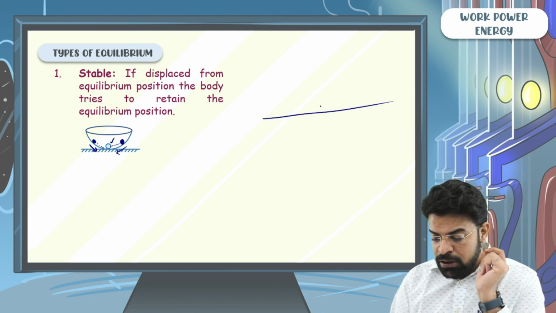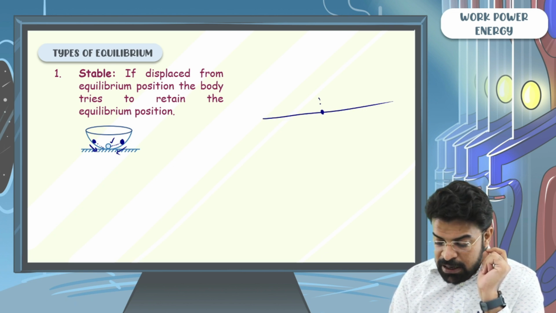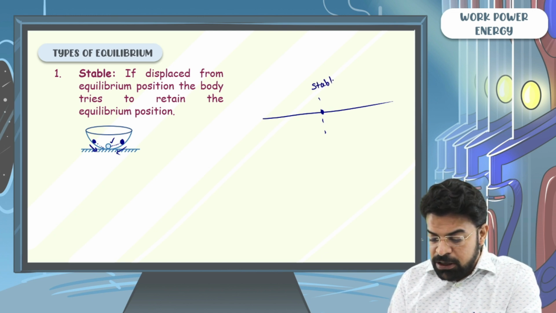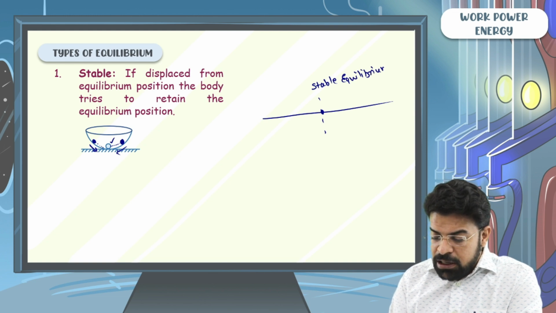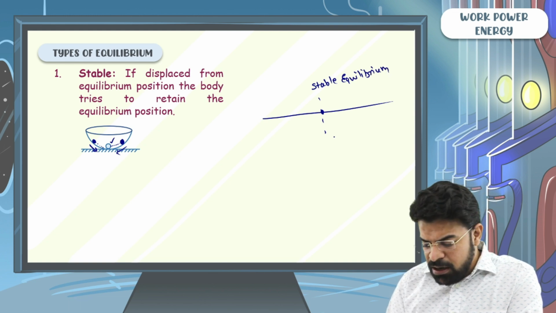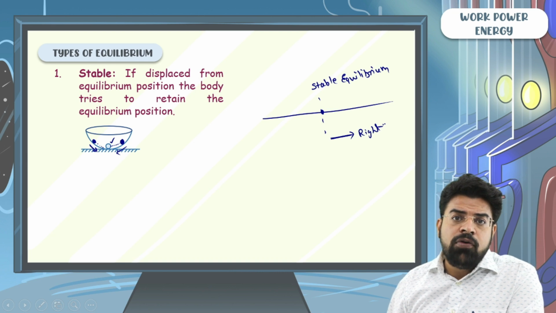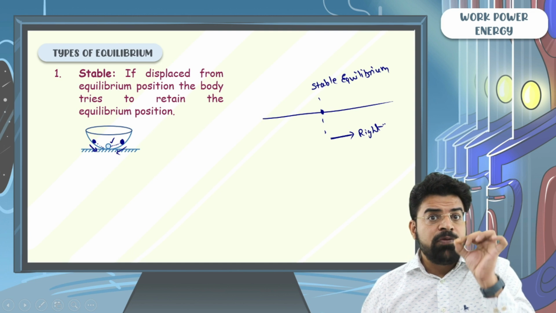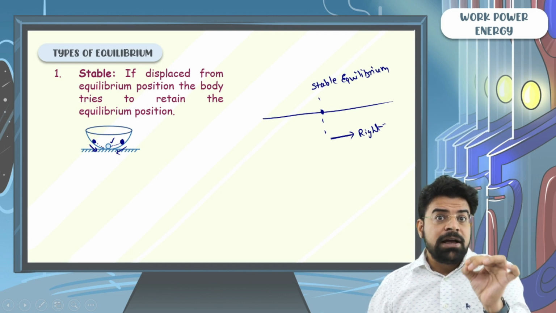There is one thing that can be said about stable equilibrium. Let's say there is a particle, and at a place I am saying here is the position of stable equilibrium. This means that if I displace the particle from here a little bit towards right, what will be the direction of the force on this particle? Stable equilibrium is the type of equilibrium where the particle tries to re-attain its equilibrium position.